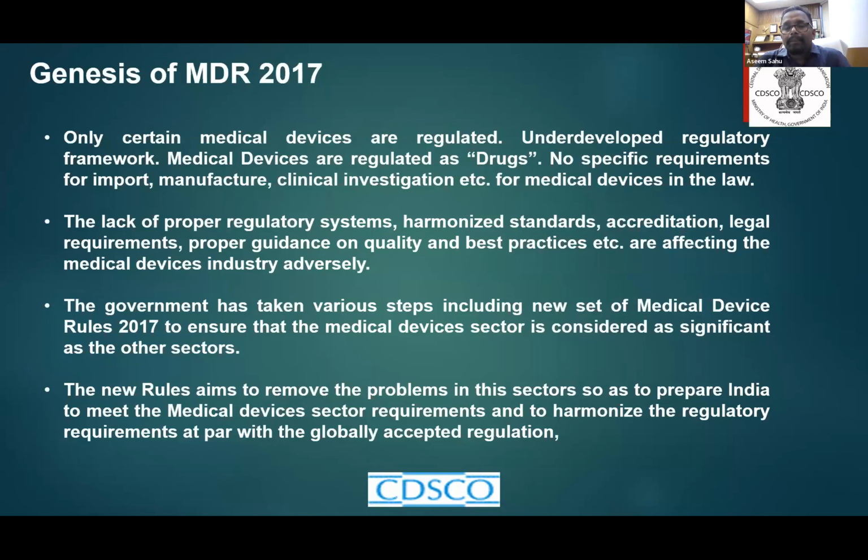We cannot equate them with drugs, so the requirements are entirely different. Thereby we have come up with the new provisions, where we have made specific requirements for the import and market as well as the clinical investigation of medical devices.